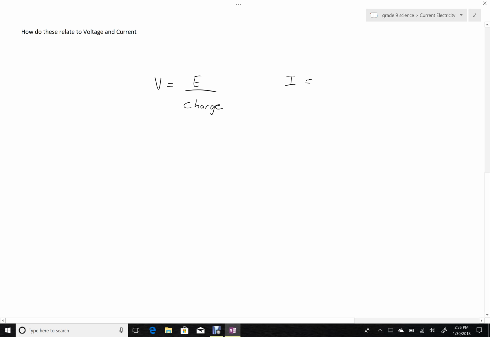Current was the amount of charge that will move around the circuit in a given amount of time. And so if I want the amount of energy per unit time, or the power, then I can multiply these two things.